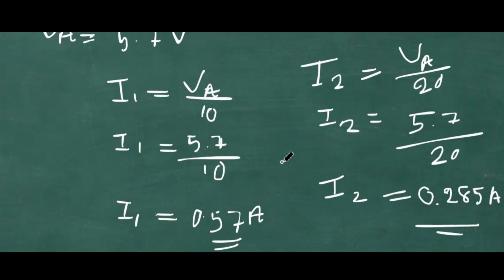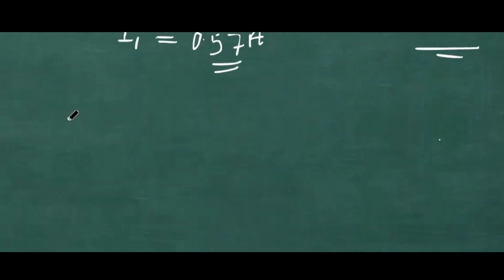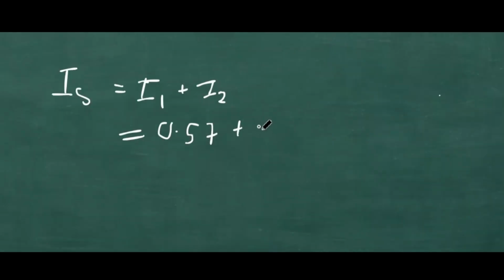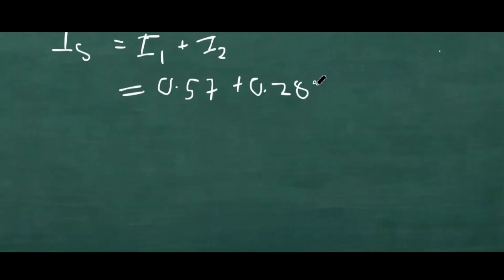So finally we can find the source current, which is equal to I1 plus I2. I1 is 0.57 amperes plus 0.285 amperes.